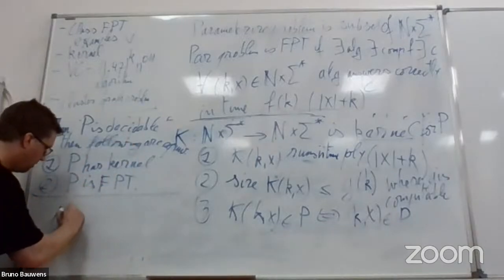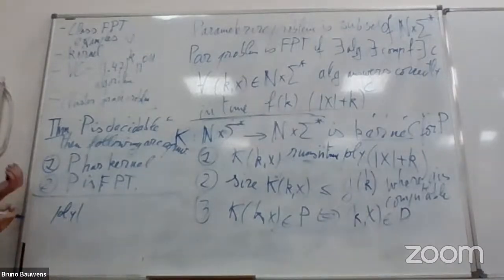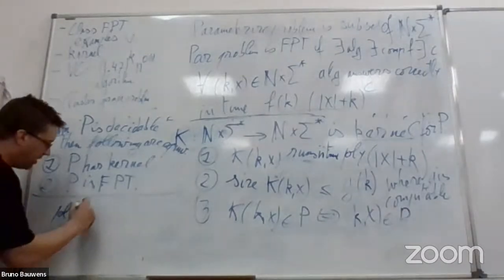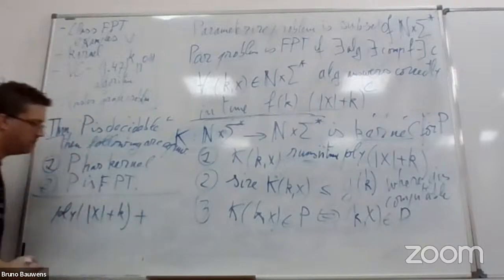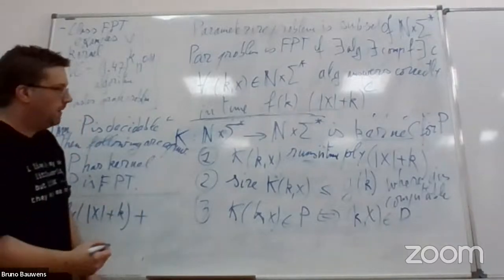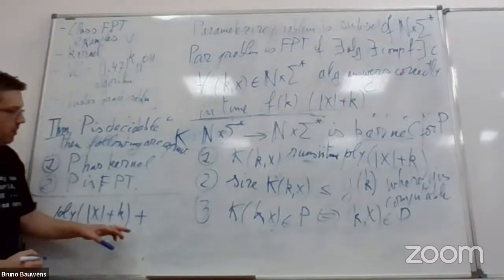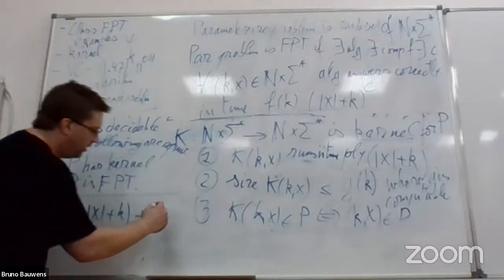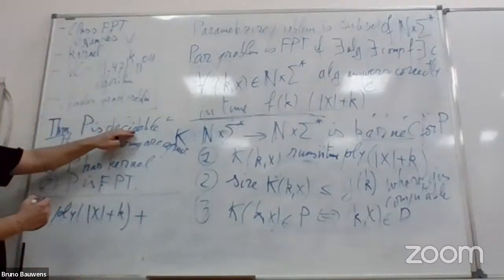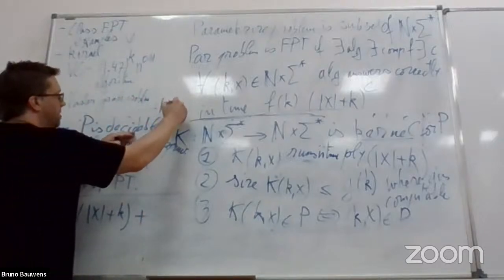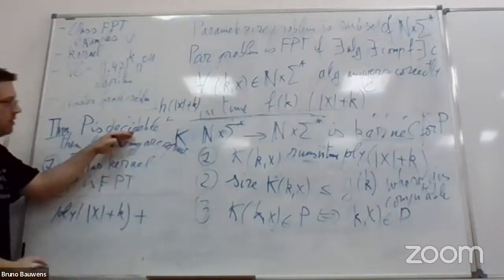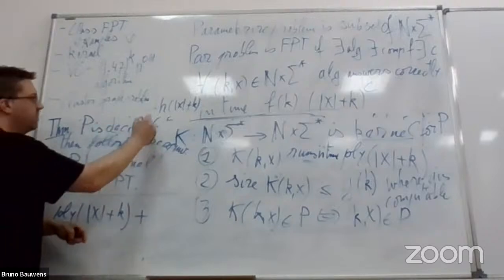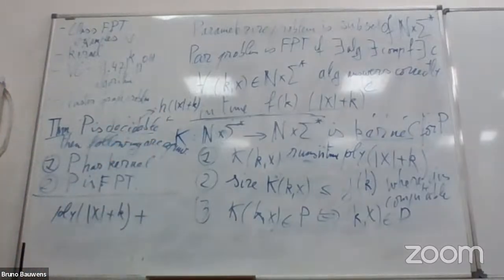So to decide the pair (x, k), we will have time poly of length of x plus k, so the time to reduce the problem, plus the time h of length of x plus k. This is decidable if this is the runtime bound, so the runtime is also bounded by a decidable function.